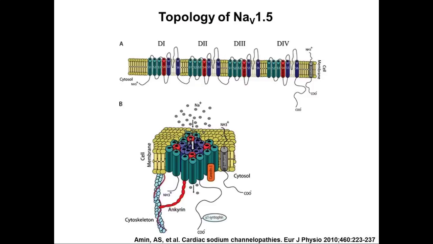Each domain is like a potassium channel alpha subunit, with 6 transmembrane segments in domain 1, for example. Then you have the loop between S5 and S6, which contributes to forming the sodium selective channel. This channel can also be modulated by multiple elements, including cytoskeleton proteins and some beta subunits, beta 1 to beta 4.